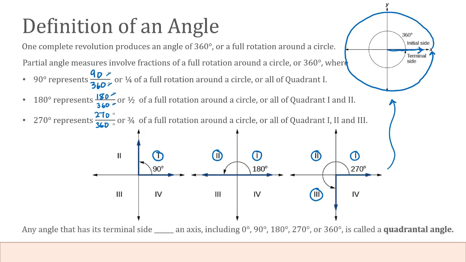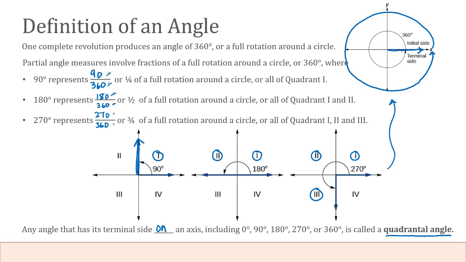Now, there's a special word for these angle measures that terminate on an axis. Any angle that has its terminal side actually on an axis, which were the 0 degrees, 90, 180, 270, or 360 degrees, are called quadrantal angles. So all that entails are angle measures that terminate, in this case, for the 90, on the positive y-axis.